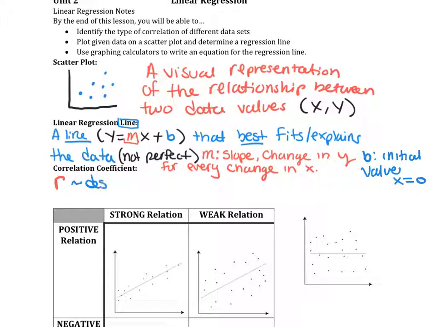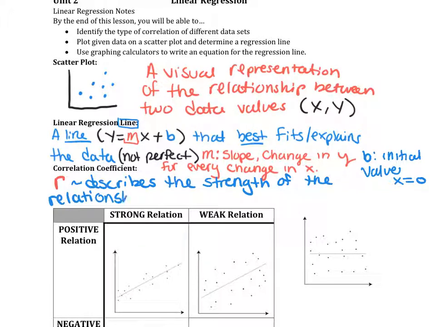So it describes the strength of the relationship, and the direction, meaning positive or negative if your data is increasing or decreasing.